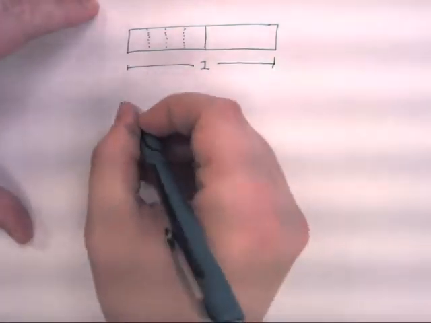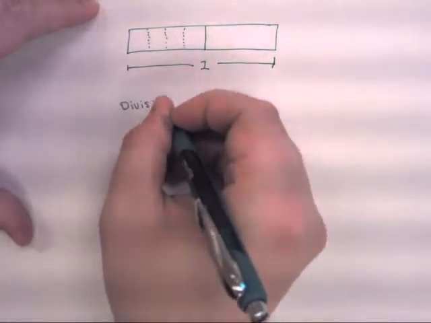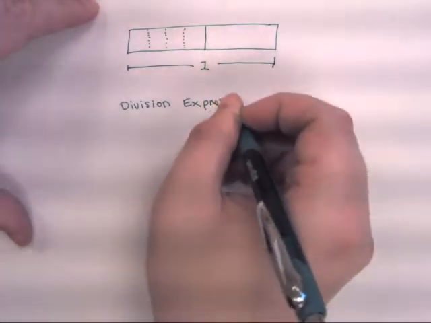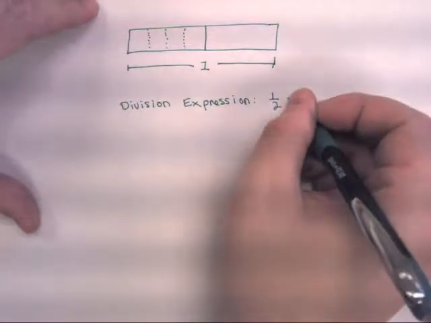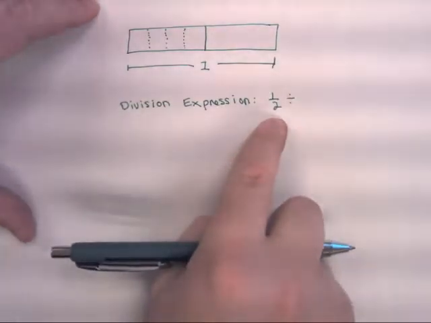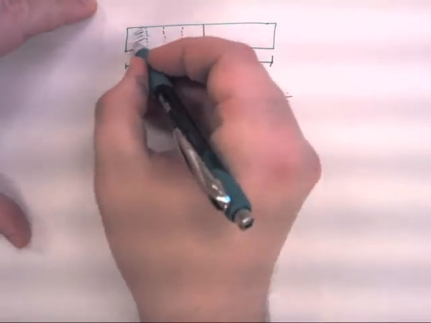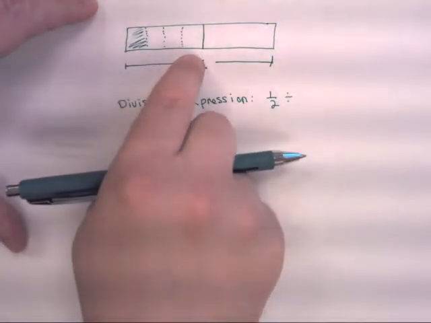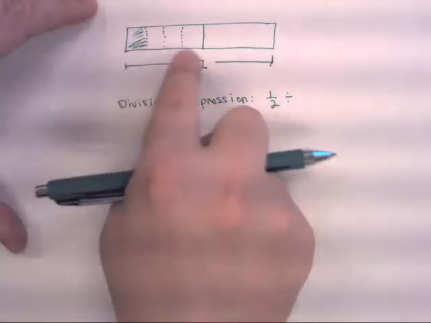So a division expression is going to start with dividing 1/2 by something. And if we were to shade one of these sections of 1/2 in, we could write the division expression 1/2 divided by 4.